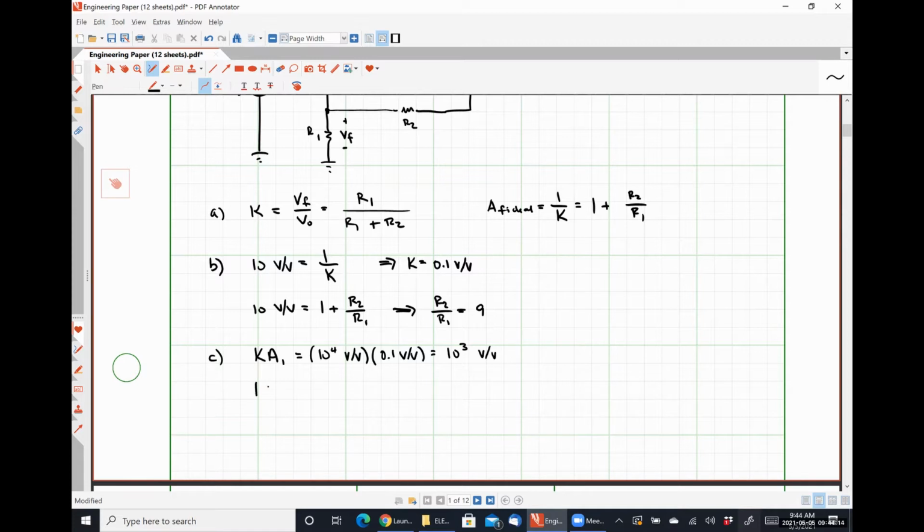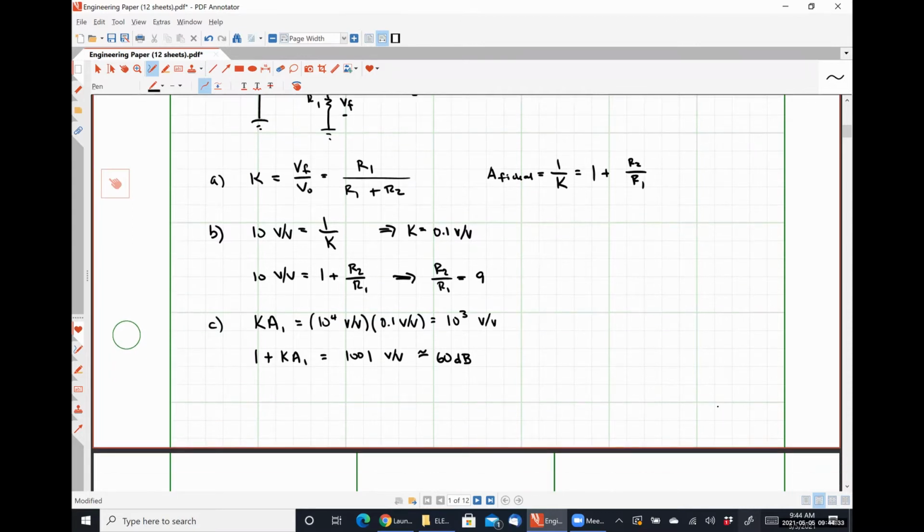Our amount of feedback is 1 plus K A1. So this would be 1,001 volts per volt, or we'd call it about 60 decibels because that's typically the unit that we use for amount of feedback.